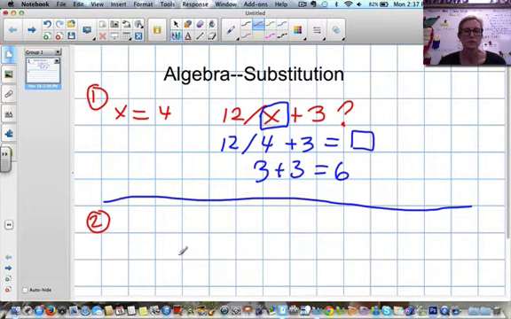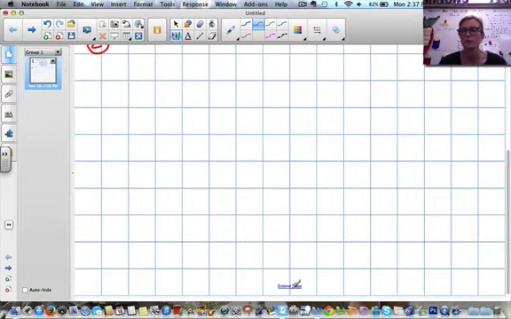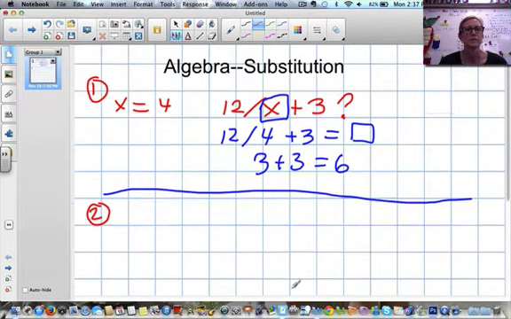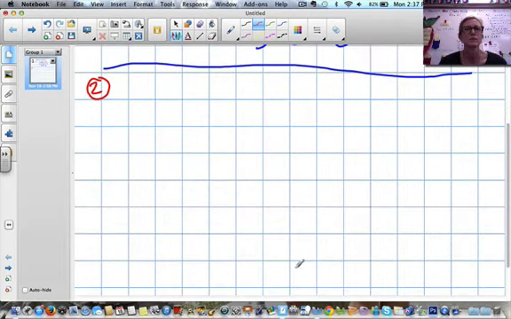I need to move down my page. I'm just going to go all the way up to the top and start over with this problem. All right.